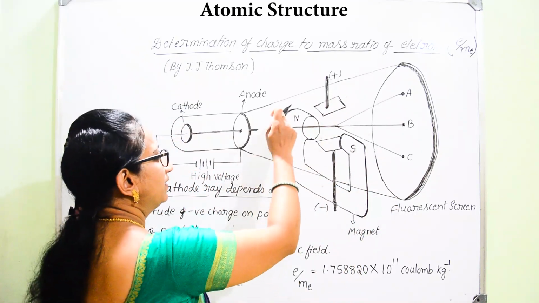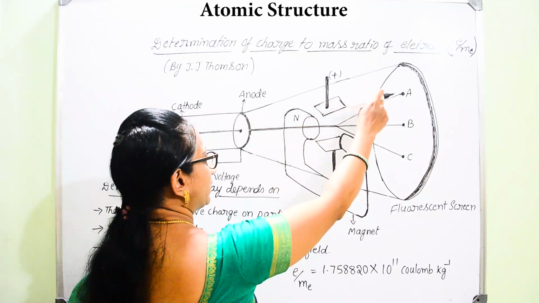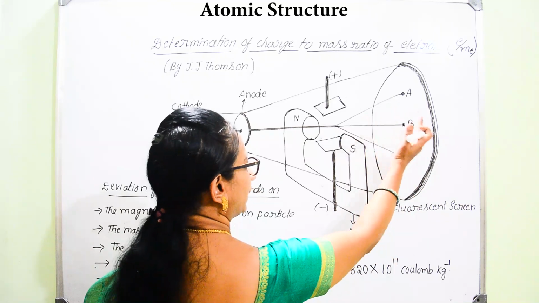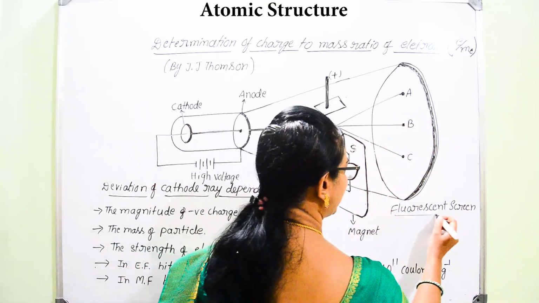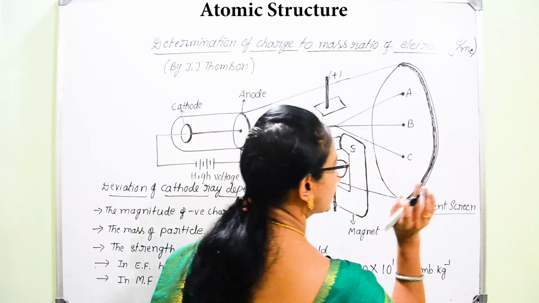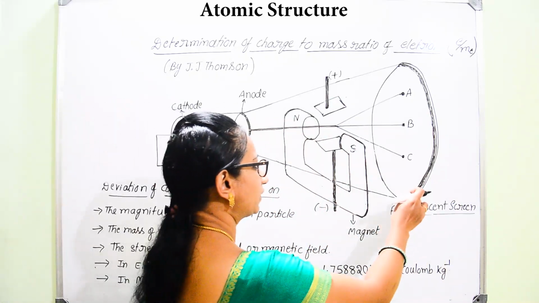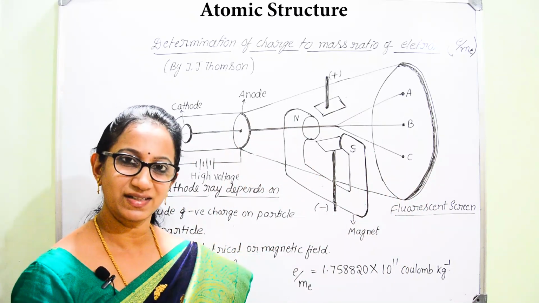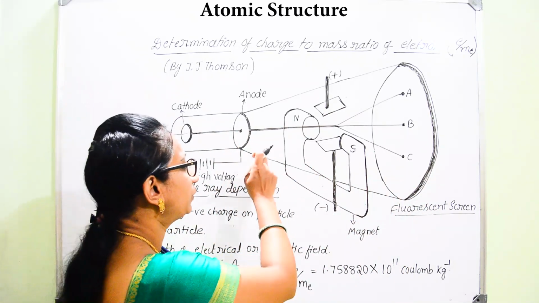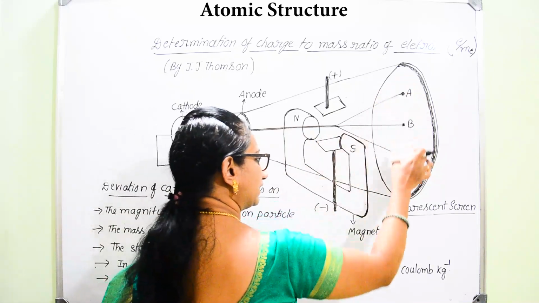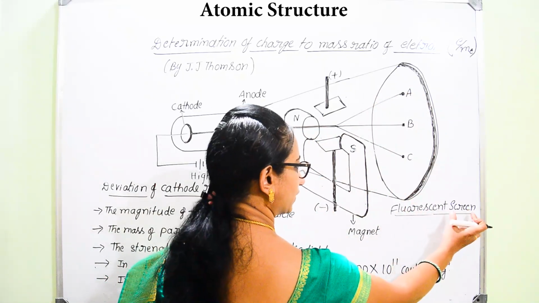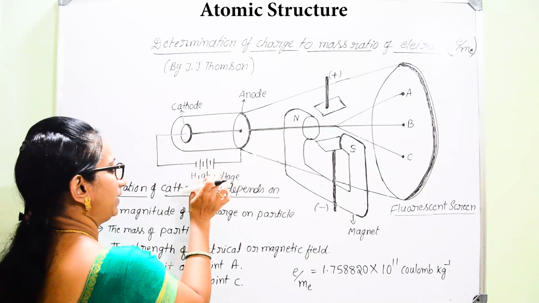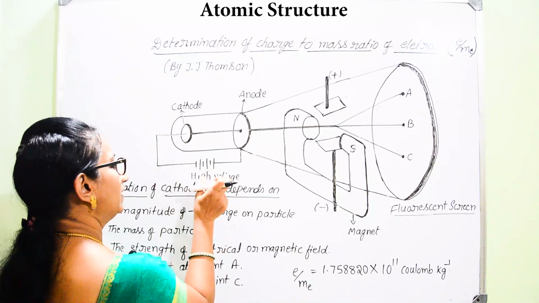There is an enlargement of the glass tube, and at one end of this glass tube there is a coat of fluorescent material, like a screen, so that he can recognize the glow, or the spot where the deflection takes place on the screen. It acts as a fluorescent screen.